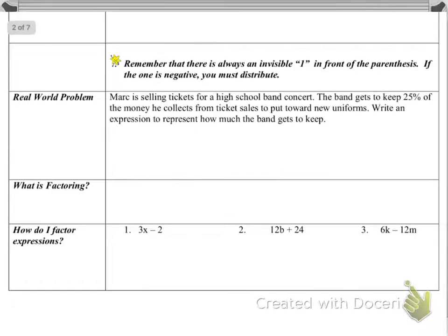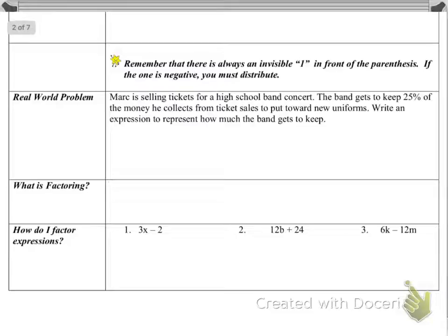All right, so remember, there's always an invisible one in front of the parentheses. If the one is negative, you must distribute. This is what we did in number 2. The real world problem we're going to look at in class next time I see you. Now, what is factoring? Remember, a factor is a number that is multiplied by another number to get to it.